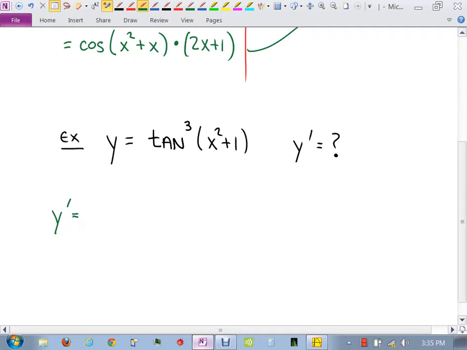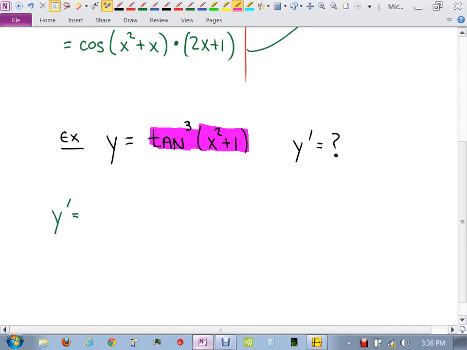y prime equals. So if you are x, what's the last thing happening to you here? The cubed, right? So imagine now that we have purple cubed. What's the derivative of purple cubed? What's the derivative of x cubed? 3x squared, right?